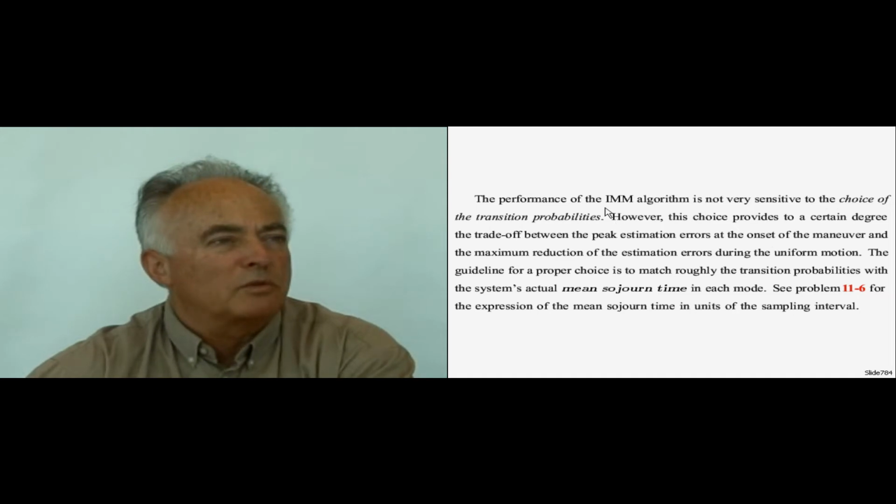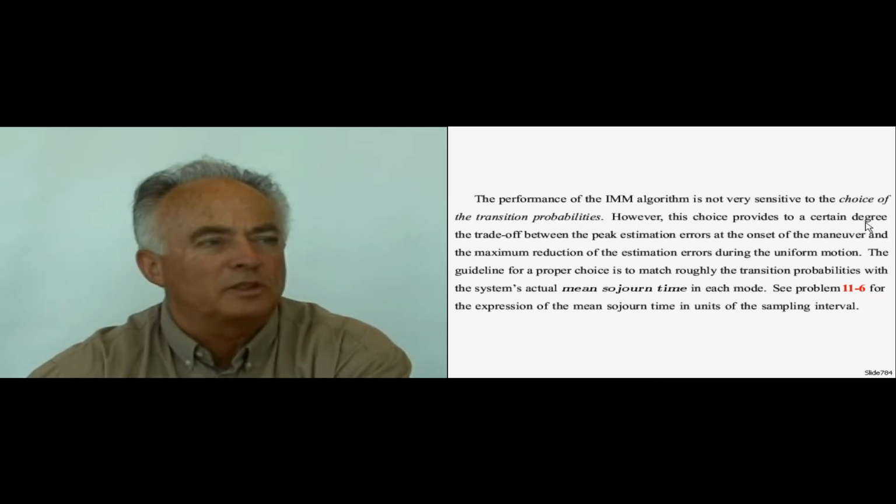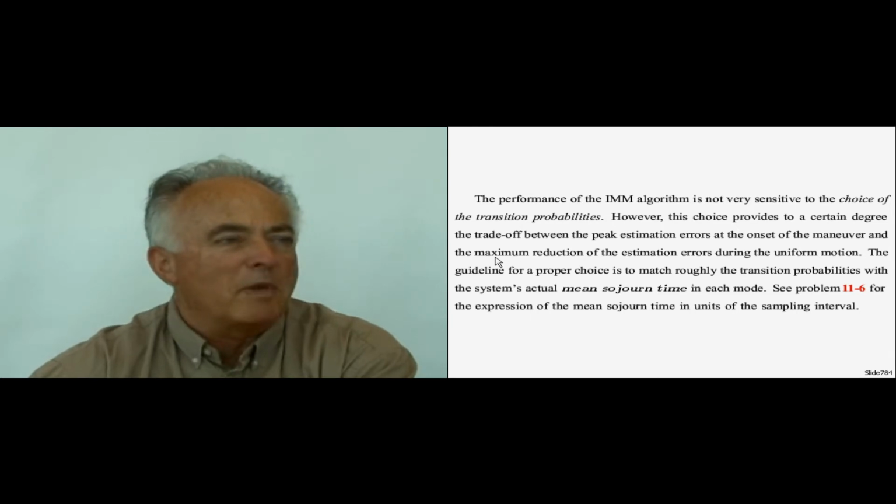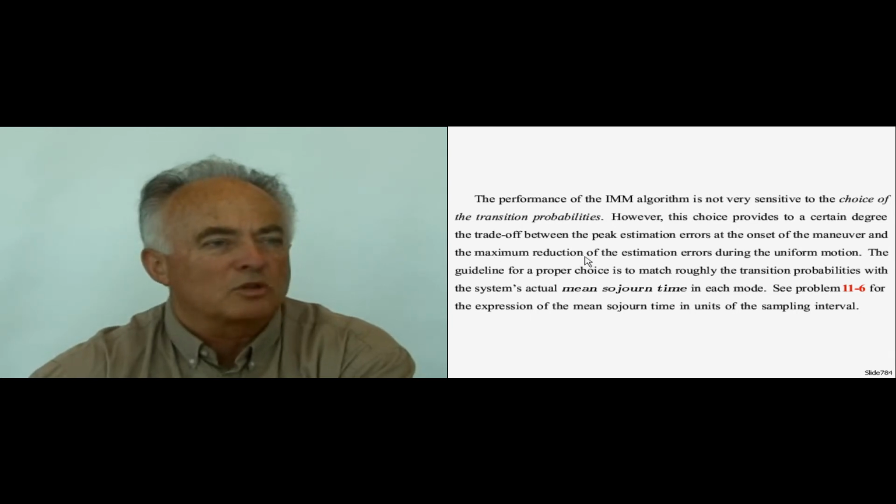The performance of the IMM algorithm is not very sensitive to the choice of the transition probabilities, but still it provides a certain degree of trade-off. On one hand, you have peak estimation errors at the onset of maneuver, and on the other hand, you have the maximum reduction of the estimation errors during uniform motion.